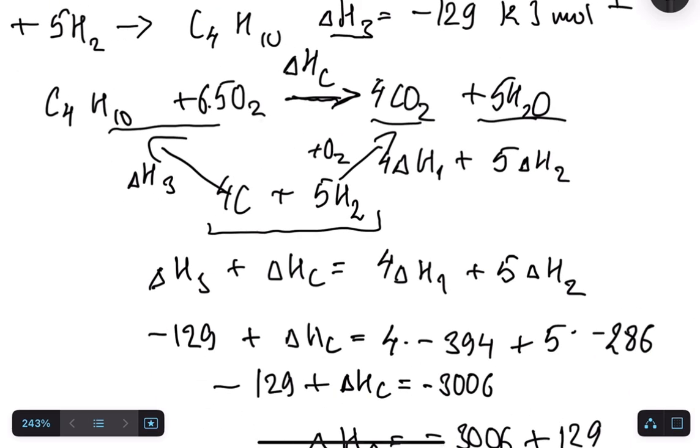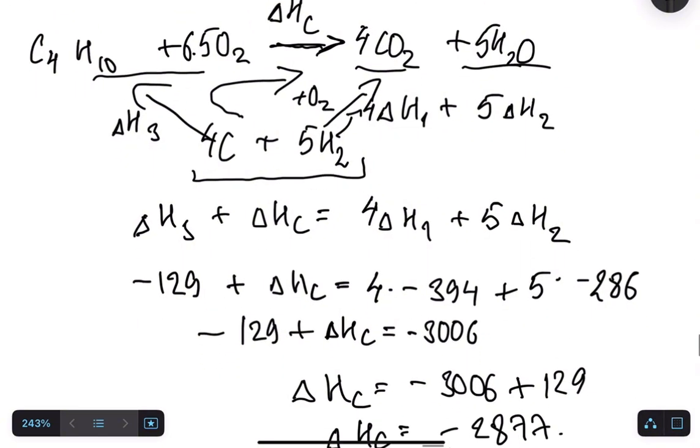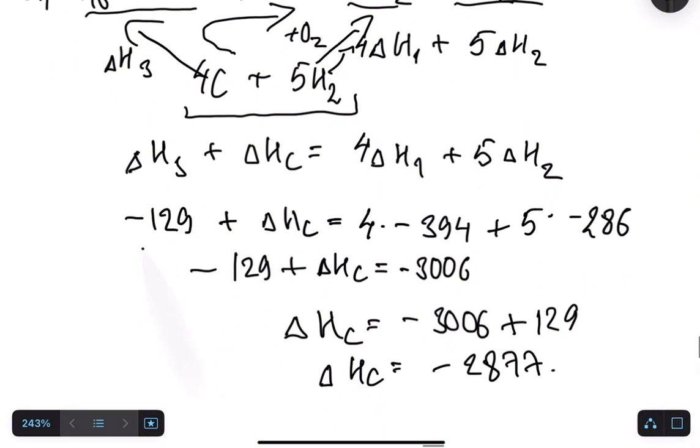Therefore, the reaction goes in this way and also this way, right? So these two are equal. So delta H3 plus delta H combustion of butane is equal to 4 delta H1 plus 5 delta H2. So if we calculate it, minus 129 plus combustion of butane is equal to minus 3006.